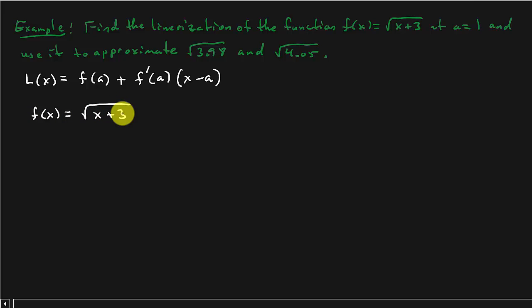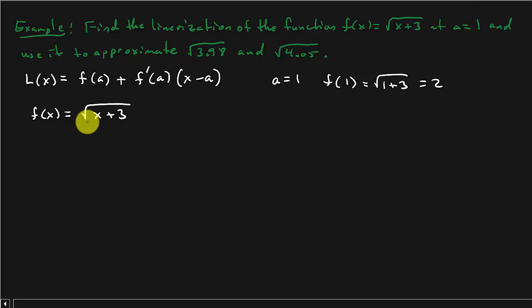Let's see what all we need. We need a, and they give us that: a is equal to 1. We need f of a. Well, f of 1 is equal to the square root of 1 plus 3, which is 2. And then we need the derivative evaluated at 1.